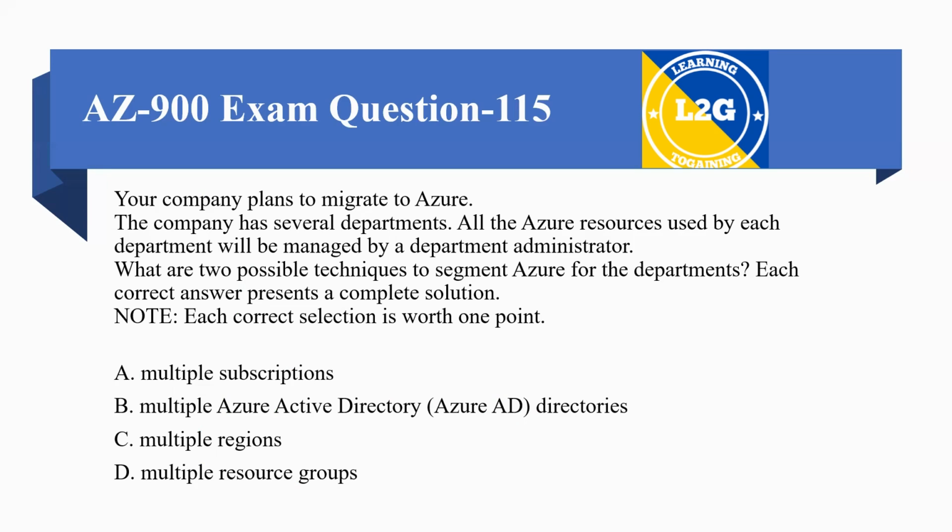So we have to find the two correct possible techniques among option A, multiple subscription, option B, multiple Azure AD directories, option C, multiple region, and option D, multiple resource group. And correct options would be option A, multiple subscription, and option D, multiple resource group.